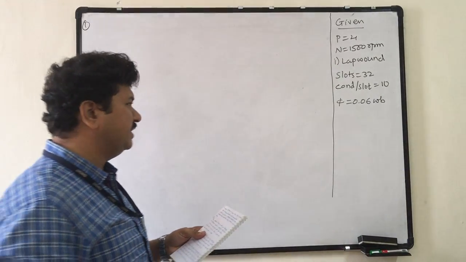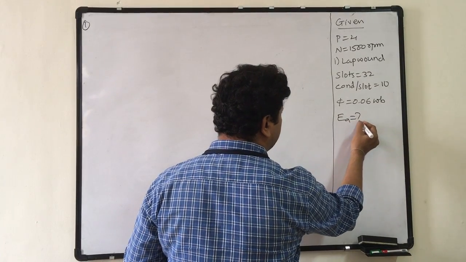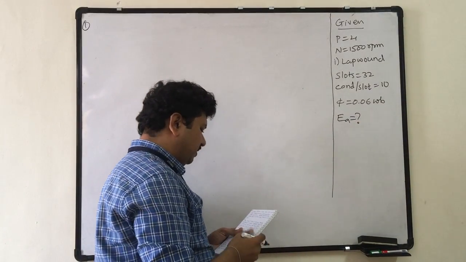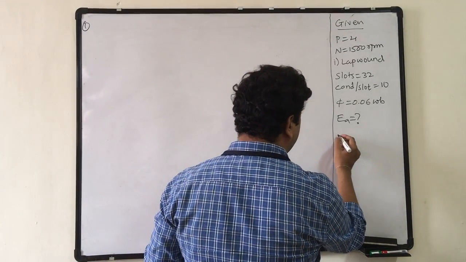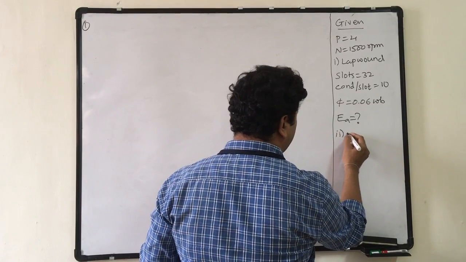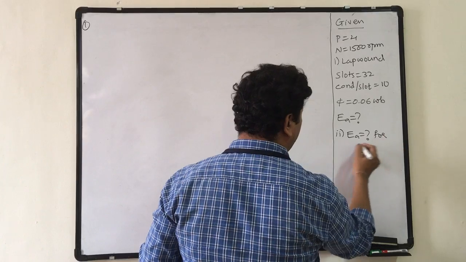Calculate EMF in armature. So I need to find out what is EA for lap wound, and similarly, second case, what is EA for wave wound.